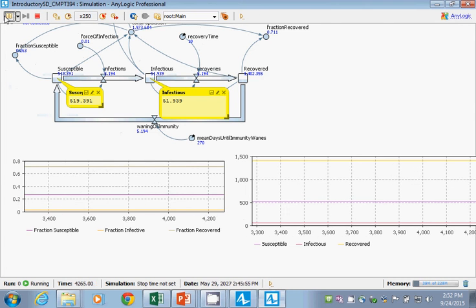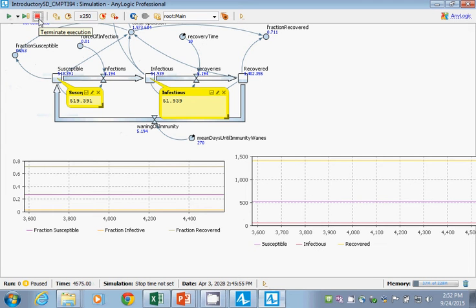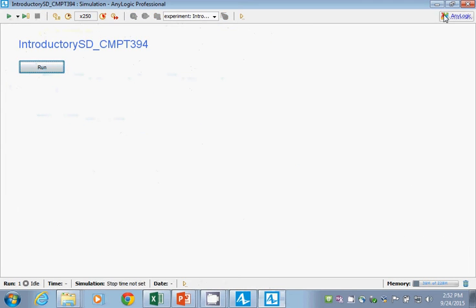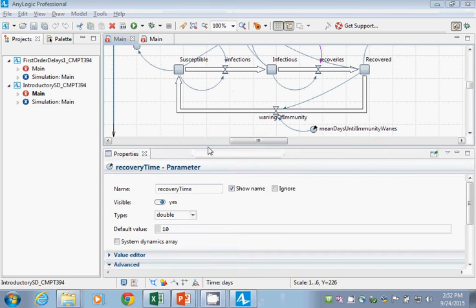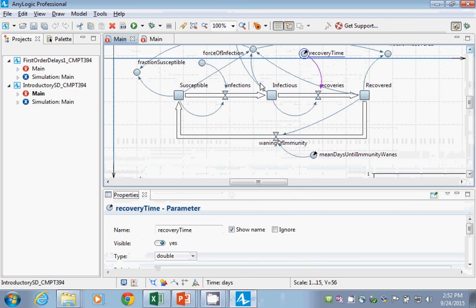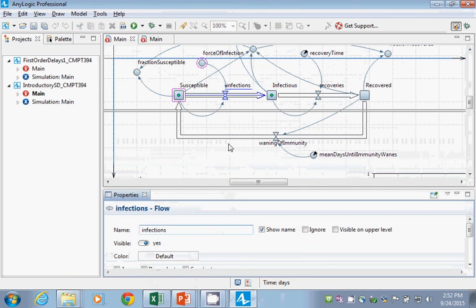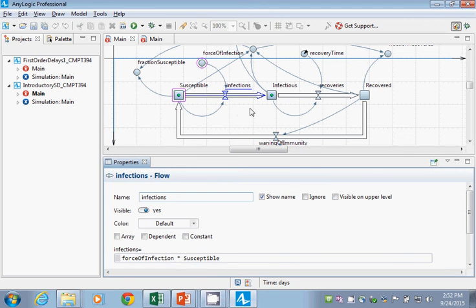Now, this model, ladies and gentlemen, is currently linear. Why do I say it's linear? Go look at the formulae. Here we have a formula: the number of susceptible times the force of infection. It depends linearly on susceptibles, just susceptible times some constant.